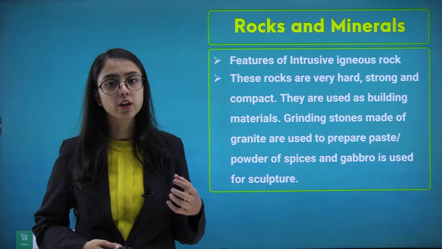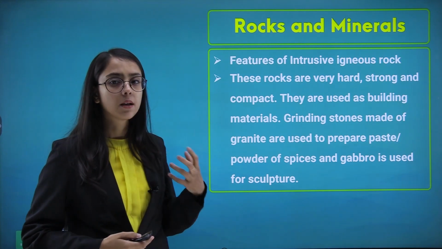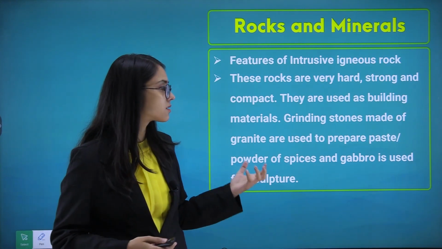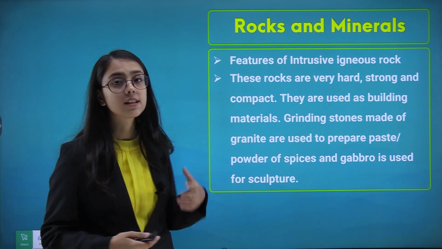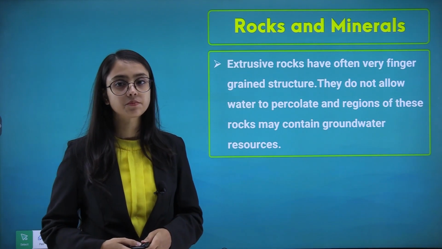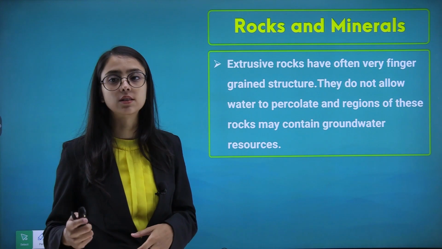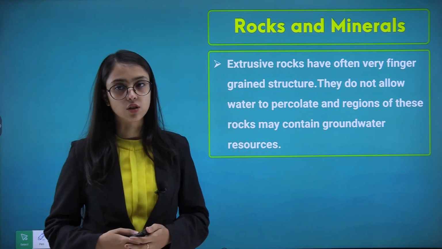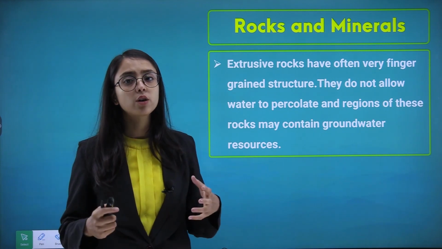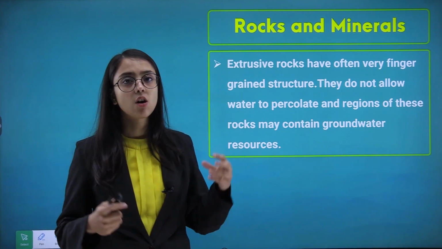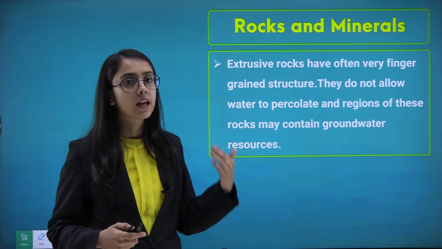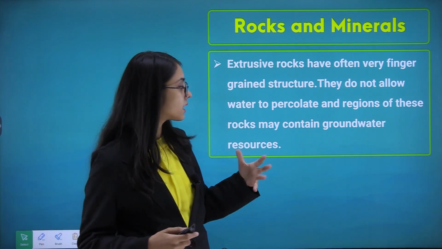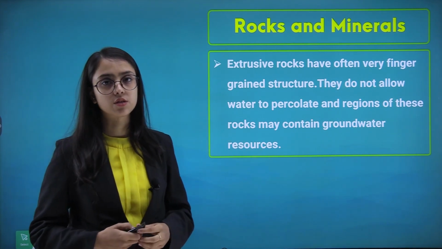Grinding stones made of granite are used to prepare paste, powder of spices, and gabbro is used for sculpture. Whereas extrusive rocks often have a very fine grained structure. They do not allow water to percolate or pass through them, and regions of these rocks may contain groundwater resources.